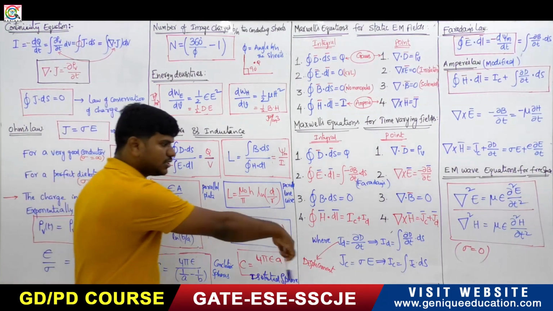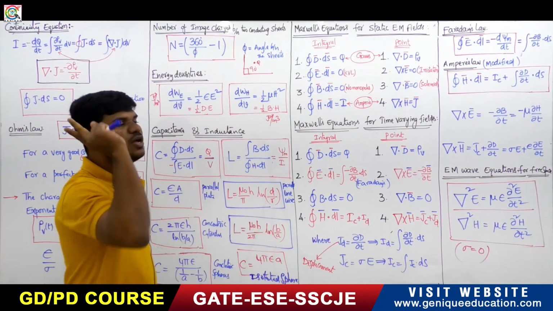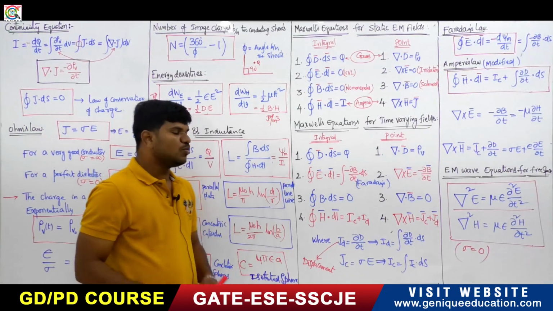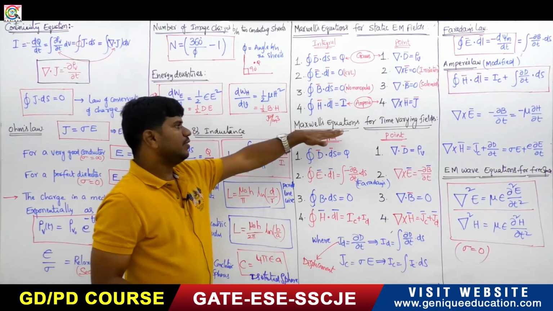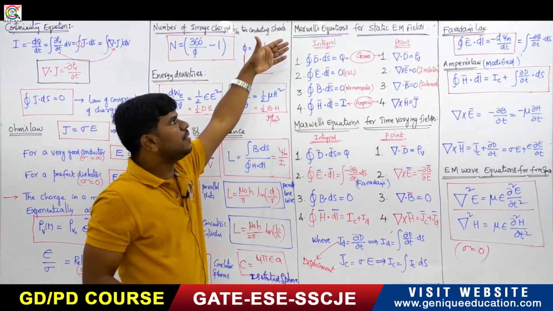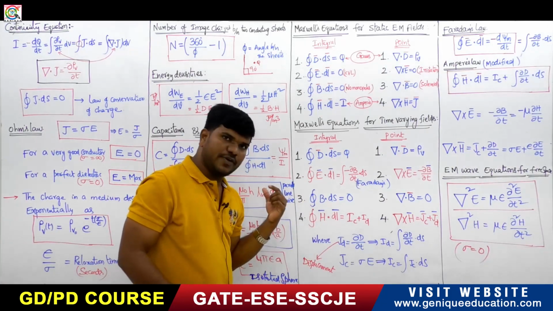This is the story you should know about Maxwell's equations. There are only two modified equations in Maxwell's equations for time varying fields when compared to static fields. Here the line integrals are modified.